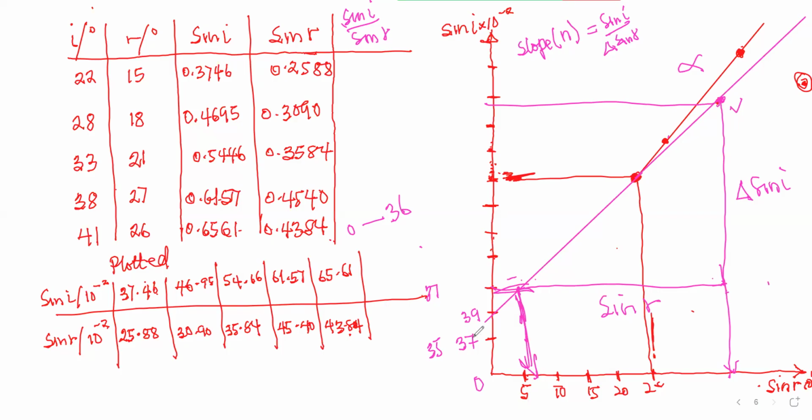I can even start from 35, 37, 39, 41, up to my last value. I can choose this knowing that I have my minimum and then the maximum value, 37 and roughly 66.